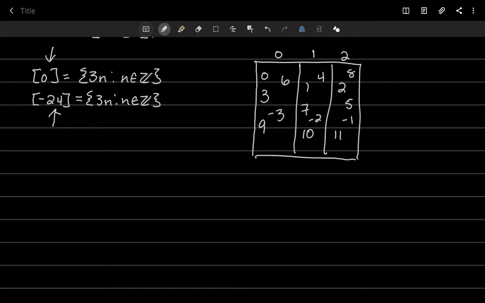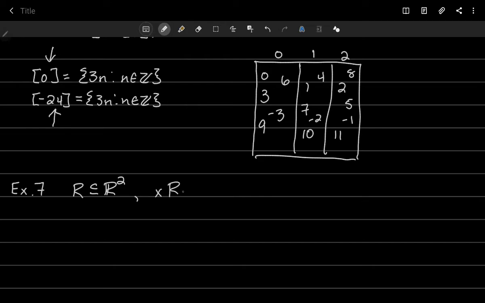Okay, so I want to do one more example that's a little fancier, and then we'll call it good enough. So example 7. We are going to be in the real numbers. So we're going to let our relation be R, and it'll be a subset of R^2. And here's our definition.